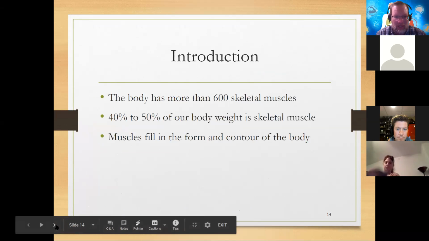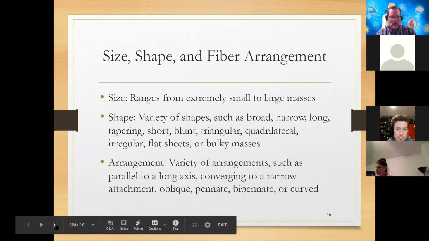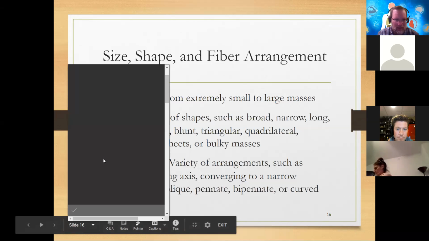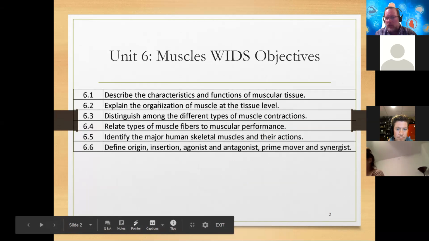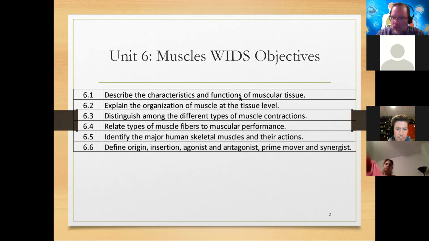We're just about done. I just want to talk about one thing here for a few minutes. I want to go back to slide 2. So we looked at the characteristics and functions of muscular tissue. Right. So the basic characteristics are we need some sort of irritability or excitability. We need some contractility.